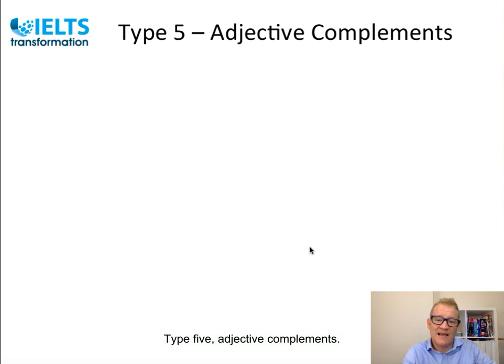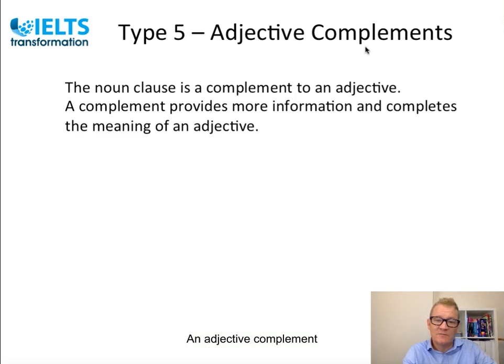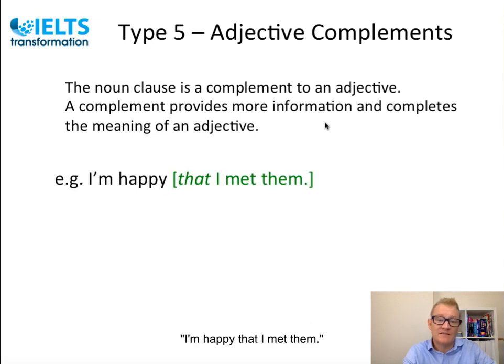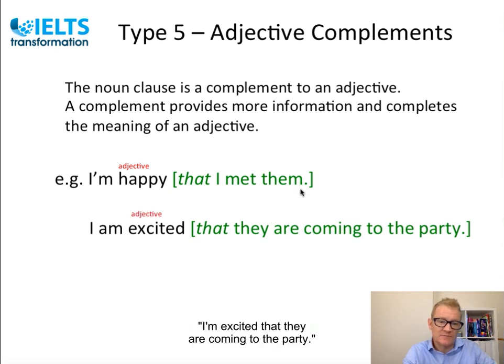Type 5, adjective complements. So remember, a complement gives more information. So an adjective complement gives more information about the adjective. I'm happy that I met them. There's the adjective. And here's our noun clause. I am excited that they are coming to the party. Okay, so more information about being excited.